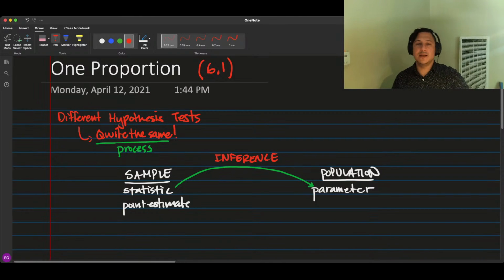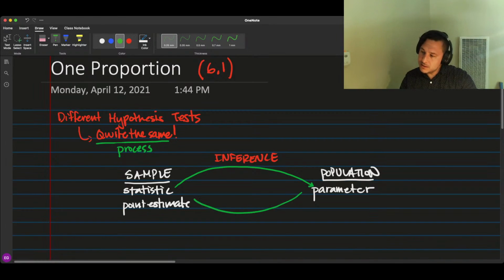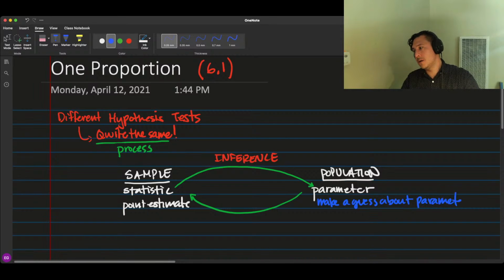Okay, hypothesis testing is sort of backwards. Let's put an arrow like this. So in hypothesis testing, what you do is you make a guess about the parameter, and then you check it against the statistic.